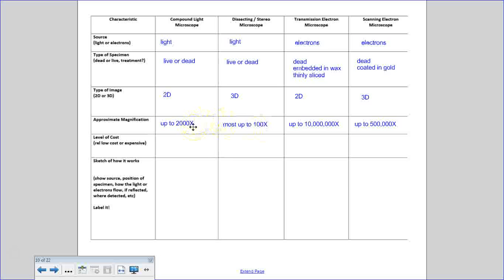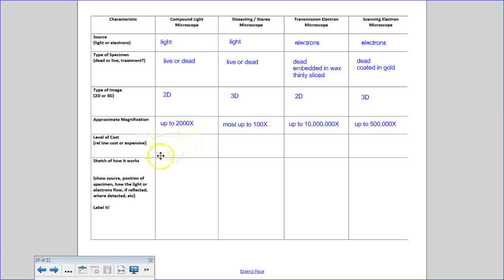The compound light microscope, it does magnify things, but it doesn't give us nearly as much detail as if you had a transmission electron microscope. Scanning one, not as much magnification as a transmission electron microscope, but you're looking at the surface of it. Okay, you're looking at the 3D image.